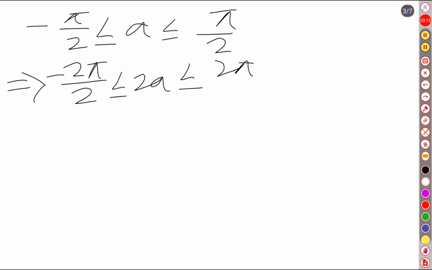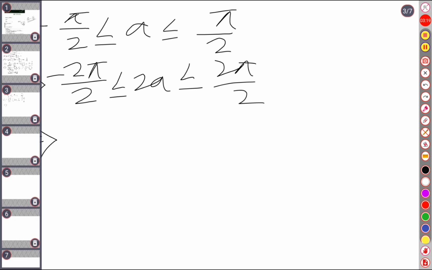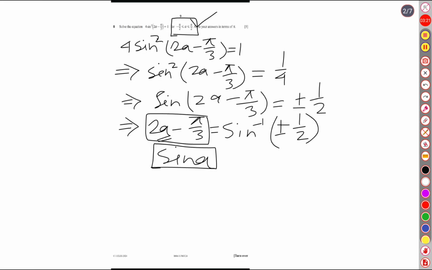Then the graph has been, look here, translated with the vector pi over 3.